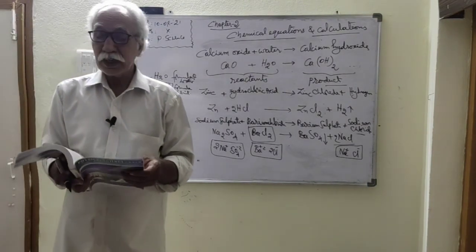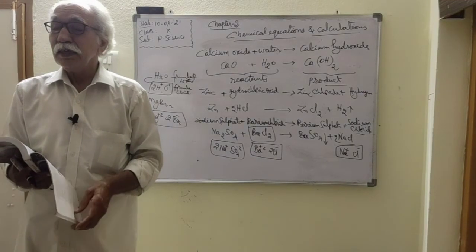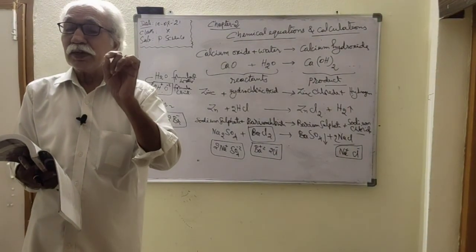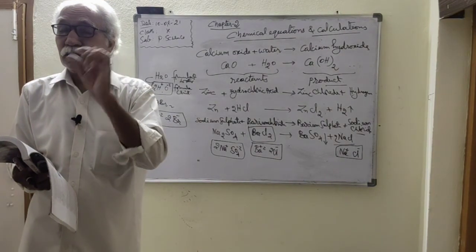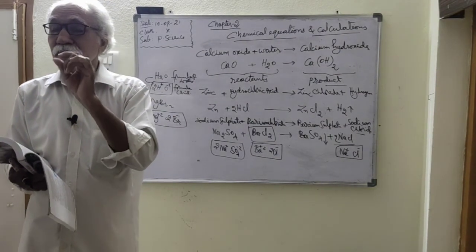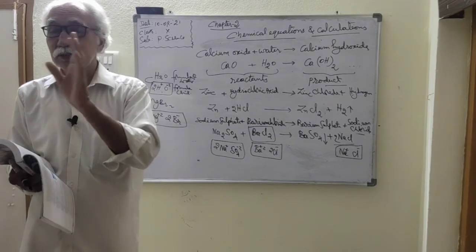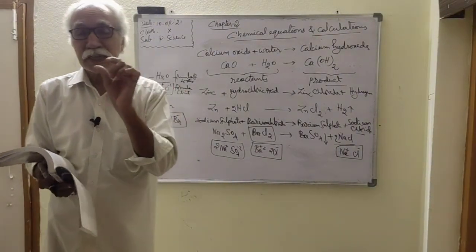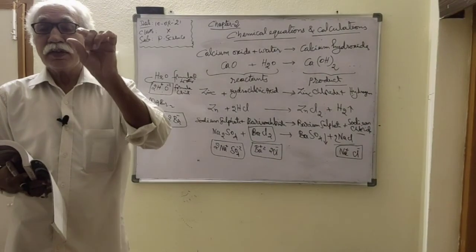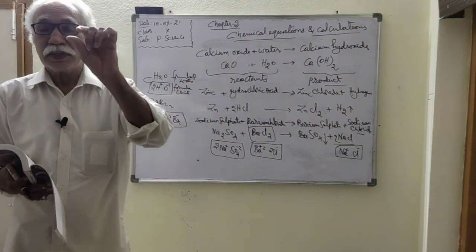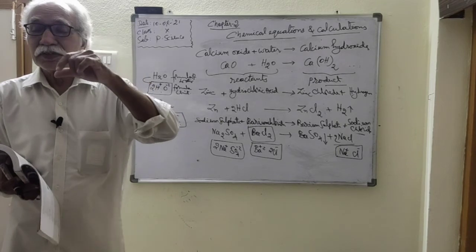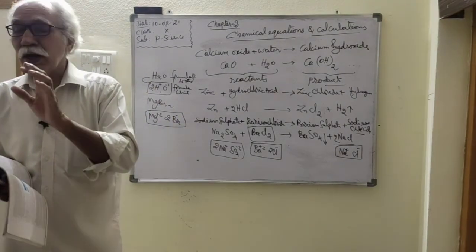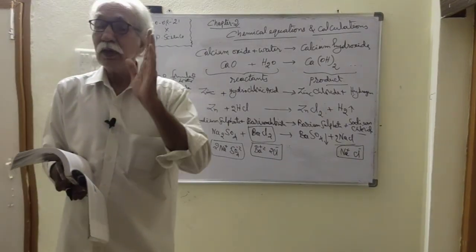Step 1. First you have to write the chemical equation for the chemical reaction with correct chemical formulae for the reactants and also for the products. Step number 2, you have to balance the equation. Whatever equation we wrote in the first step, you have to balance. For balancing, we should not change the numbers given in the formulae.